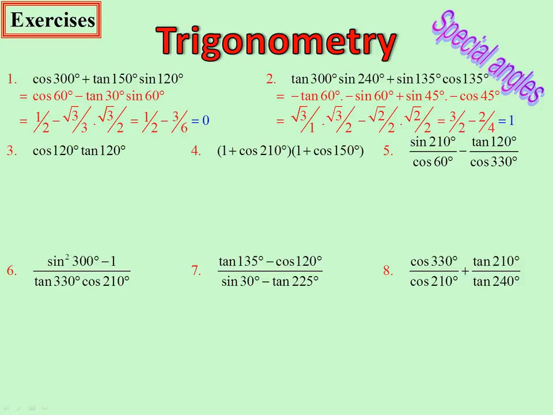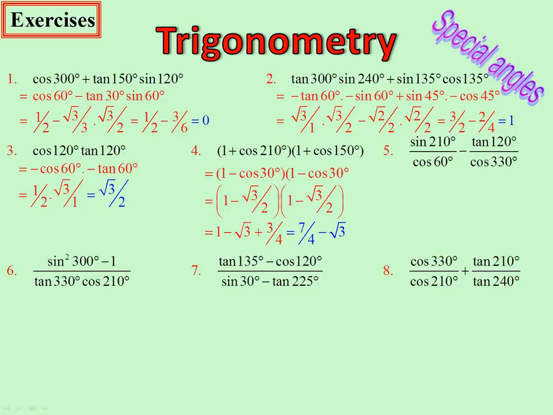These are just for you to do. Pause each time, try it yourself, then continue to check your answer. Root 3 over 2 times root 3 over 2 gives you root 3 times root 3 is 3, and 2 times 2 is 4.